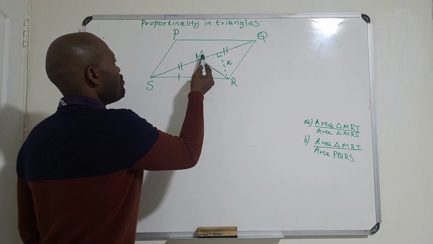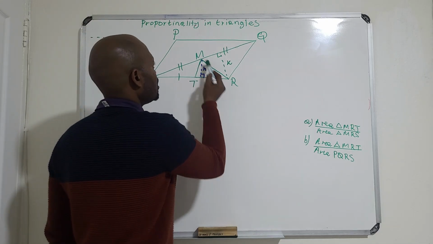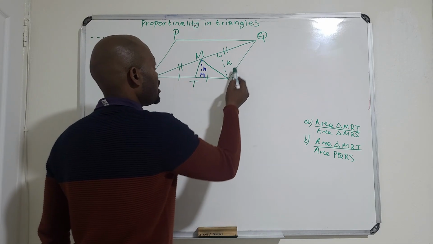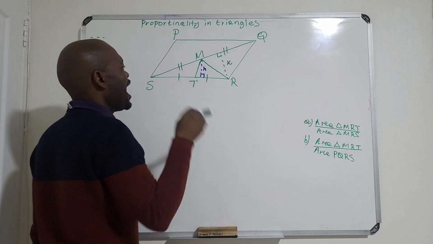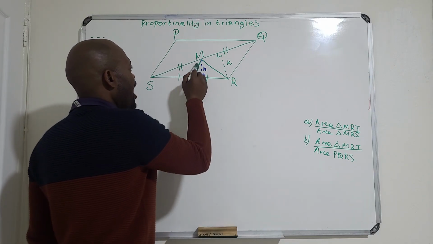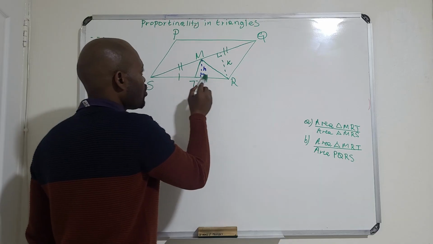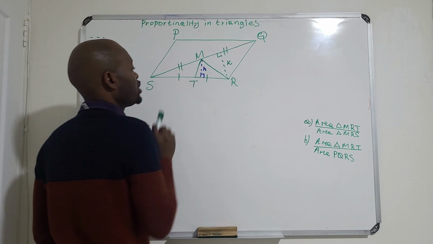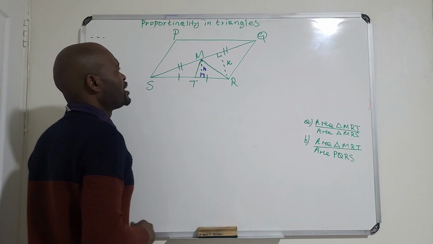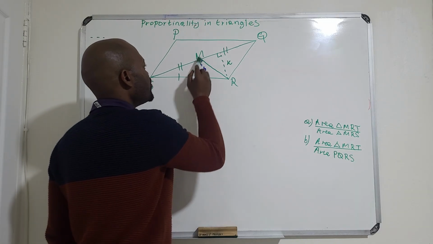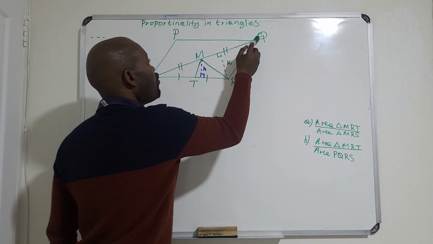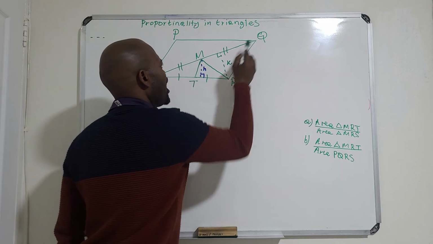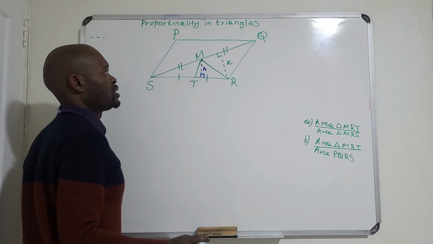Now, I'm comparing this triangle with this triangle. I only know that the ratio of the area of this triangle over the area of this triangle is half. But I don't know the ratio of this triangle over that triangle.